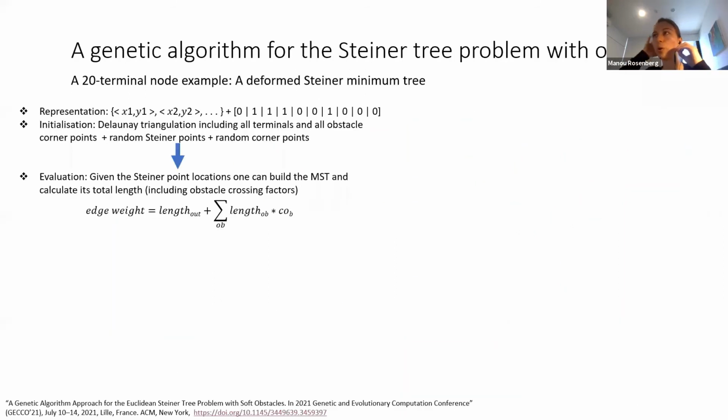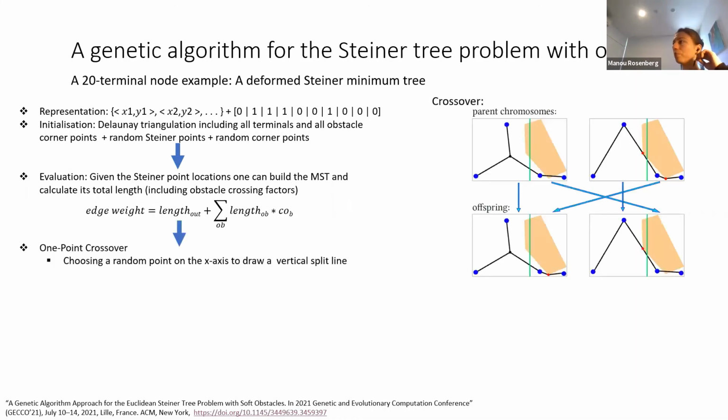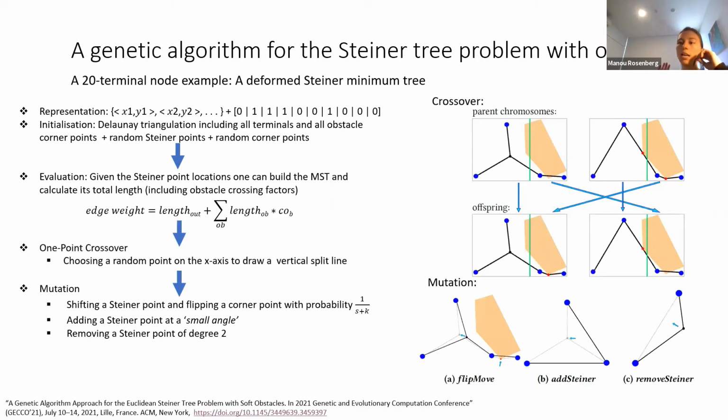Okay, so one approach to do that, and this can be read up in one of the papers we did for the GECCO conference this year, is to use another genetic algorithm for finding those optimal interconnections. I'm not going to go into detail here because I would go over time otherwise.